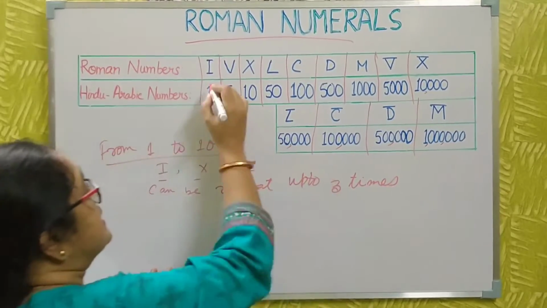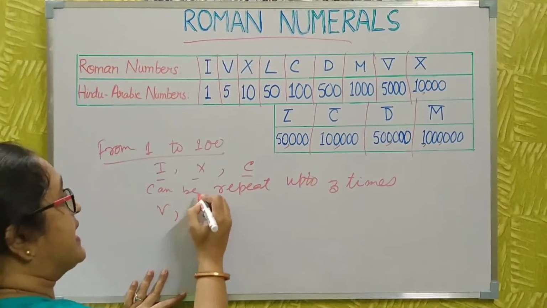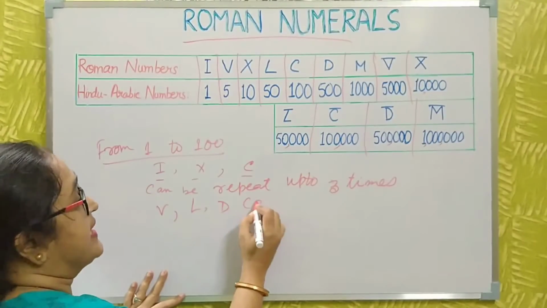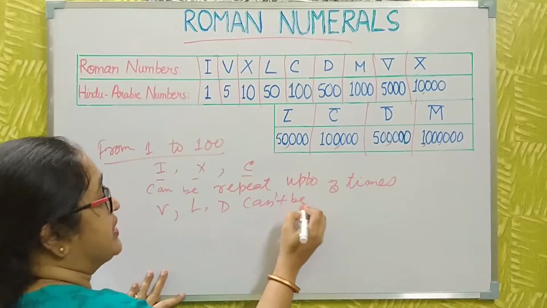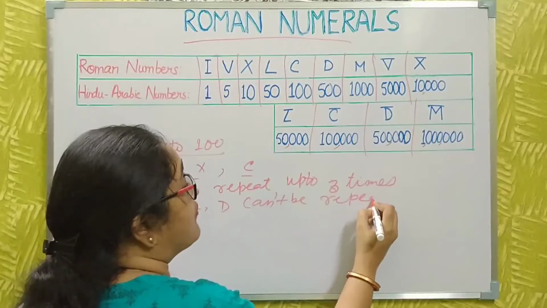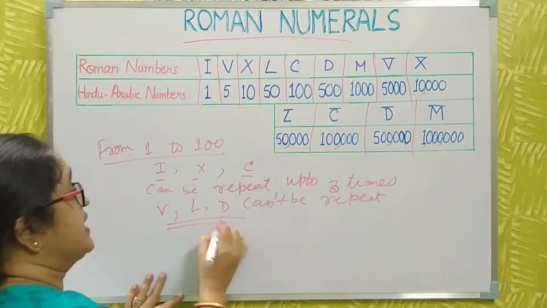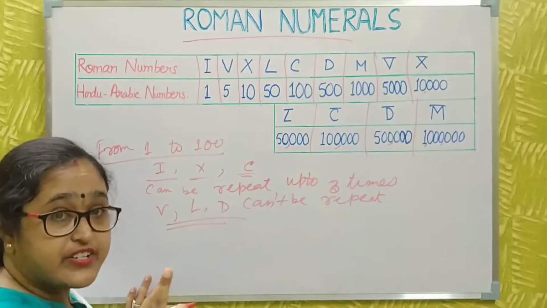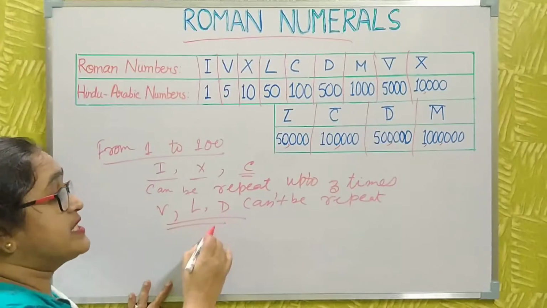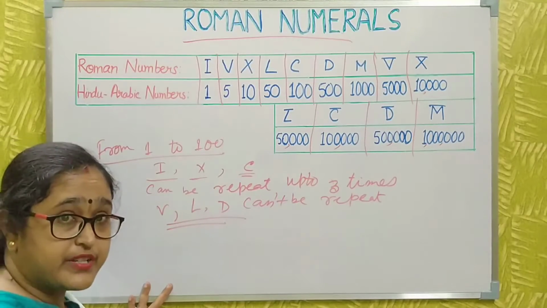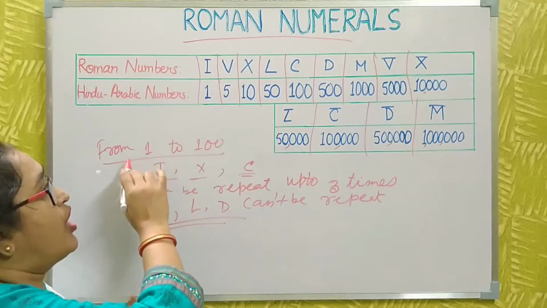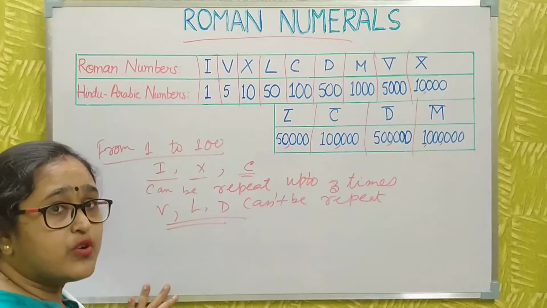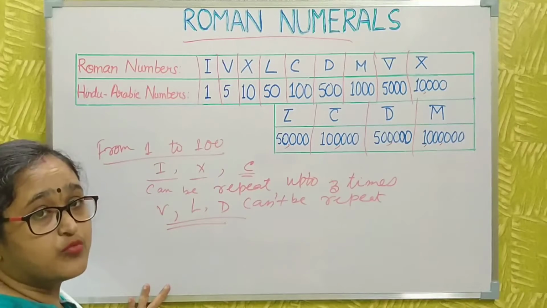But V, L, D cannot be repeated. All of you listen very carefully. These 3 terms can repeat, but these 3 terms cannot repeat. This is your task. From 1 to 100, you write all the Roman numerals.